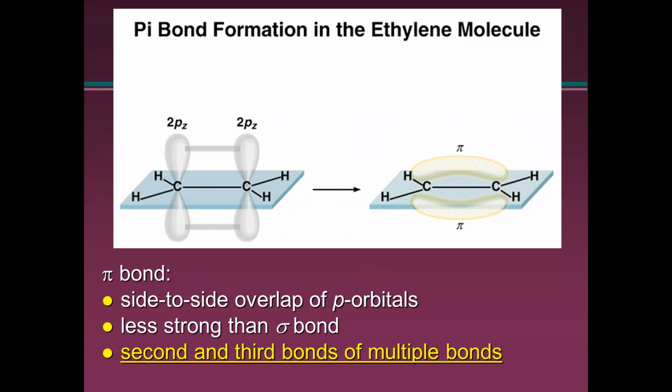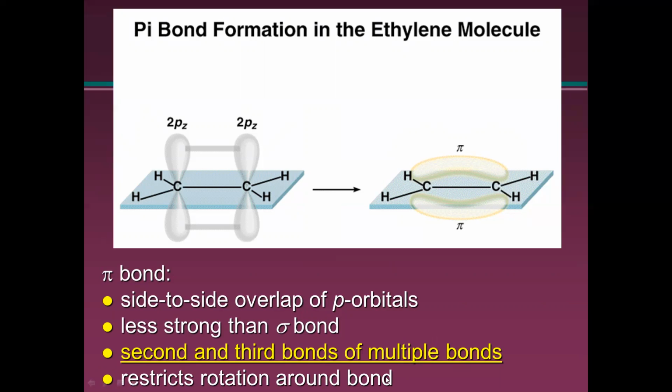And the pi bond only exists as the second and third bond of multiple bonds. If you have multiple bonds, first you have 1 sigma bond, and then the second and third will be pi bonds.